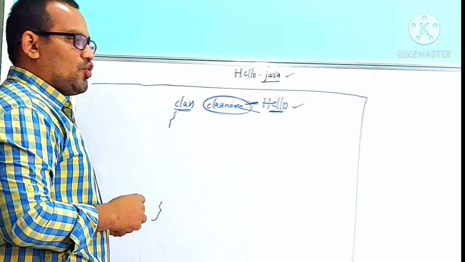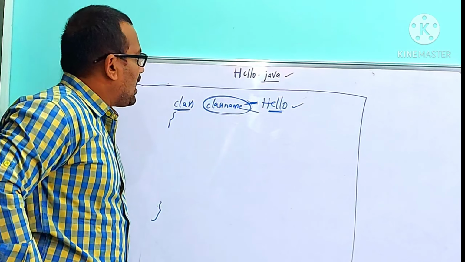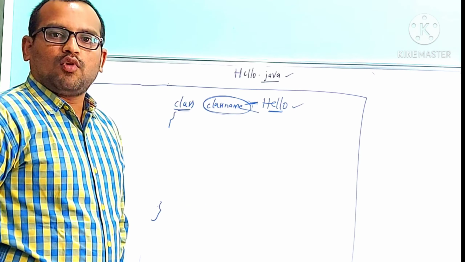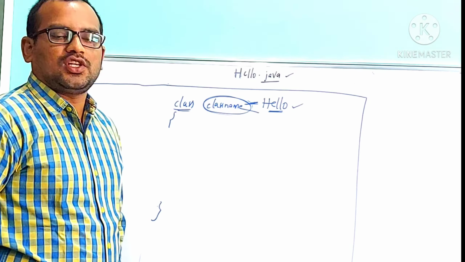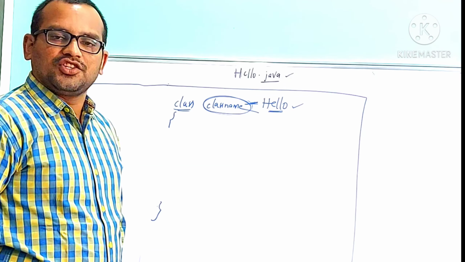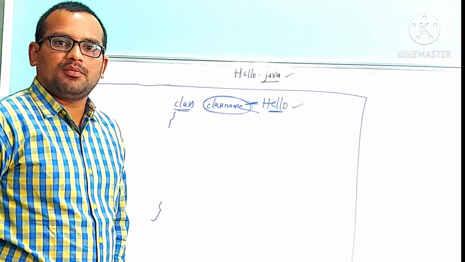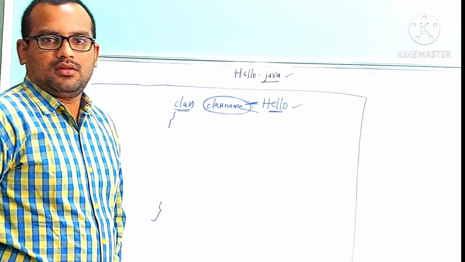Why, sir? Why should we take class name and the program name similar? I want to take one more name. Is it possible? Yes, it is possible generally. I told you who is going to execute our Java program? Java Virtual Machine.